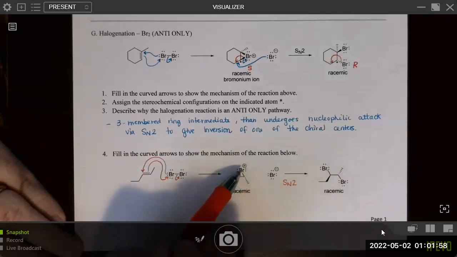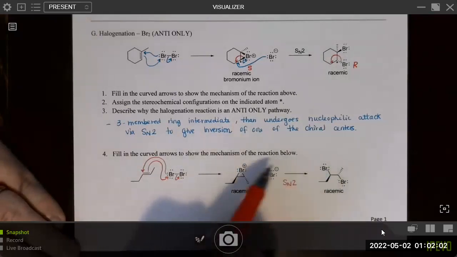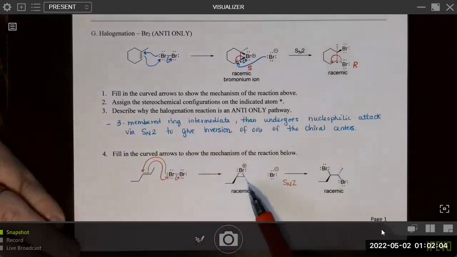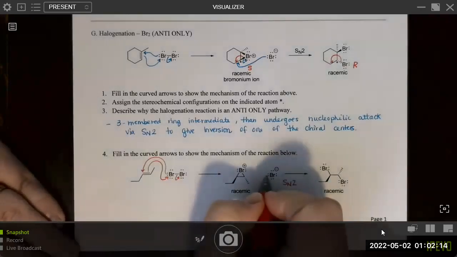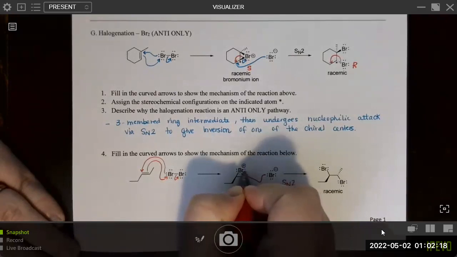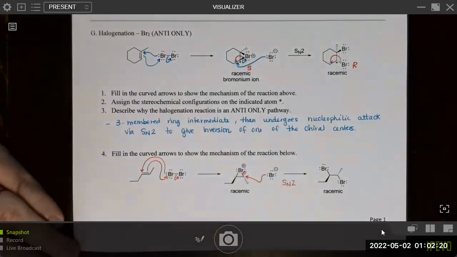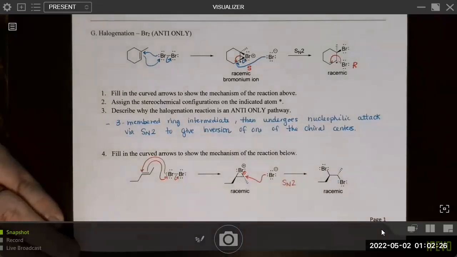So just the fact that this bromine is attached in the opposite direction as the new one, we don't actually have to flip the dash, it stays as a dash. And the inversion comes from the nucleophile being attached on the opposite direction. We can just show an SN2. So nucleophilic attack, loss of a leaving group, specifically at this carbon, which undergoes inversion.